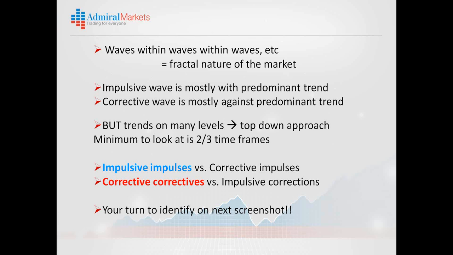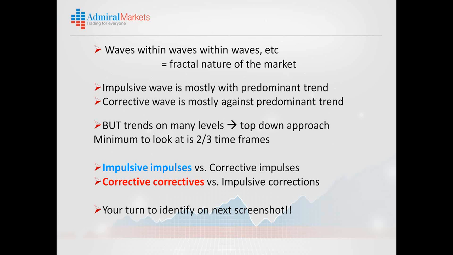Now, just one thing regarding these impulses: as I already said, not only are there impulsive impulses, you also have corrective impulses. A wave 1 and a wave 5 don't have to move that fast. They can sometimes be quite slow, and then they're more of a corrective pattern, normally rising and falling wedges types of movements. Those can officially be impulses, but they're kind of corrective.